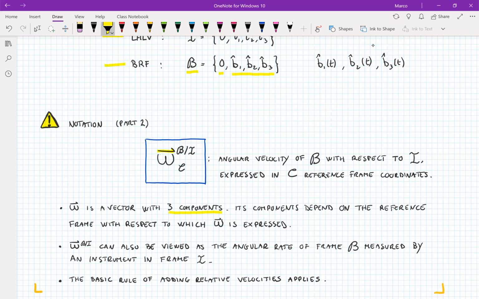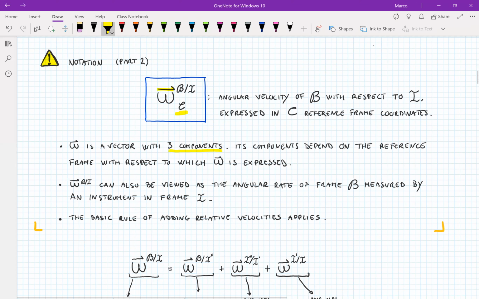And the components obviously depend on the frame of reference C. So another way of seeing the angular rate, or at least how to make sense of that superscript, you can think about it as the angular rate of frame B measured in frame I. So if you have an instrument in the frame of reference I and you measure the angular rate of B, then this angular velocity is what you would actually measure.